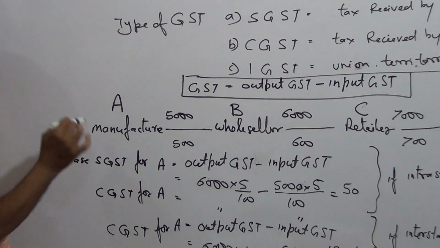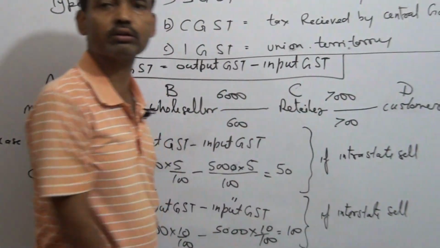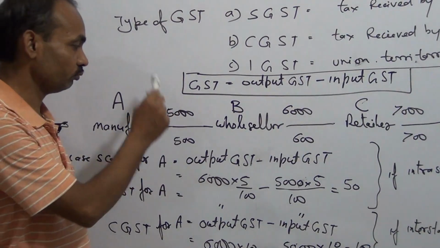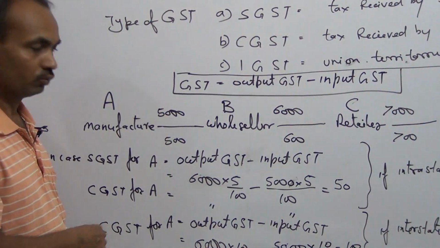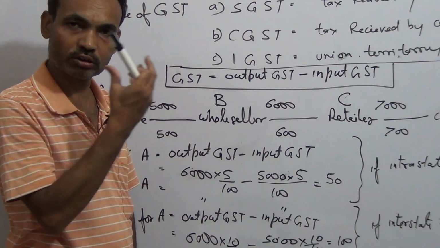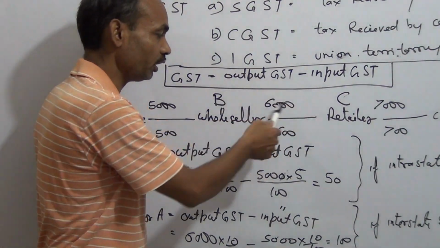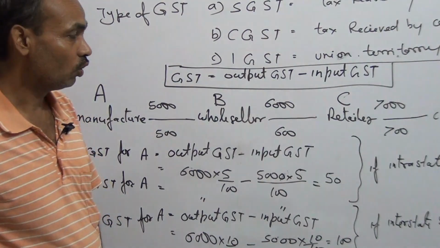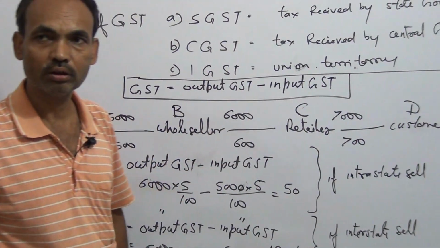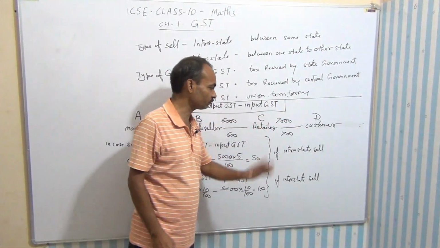Let A be the manufacturer, B the wholesaler, C the retailer and D the customer. A sells an item to B for 5,000, while B, taking some profit, sells the item to the retailer for 6,000, while C sells the same item to the customer, taking some profit, for 7,000.